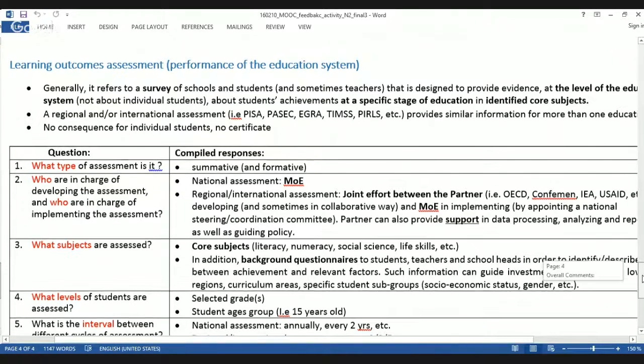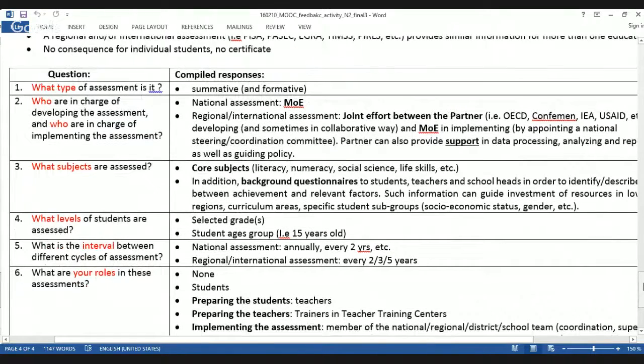The type is more summative, even though sometimes it is formative. For example, in the SACMEQ study, we know that at the end of this knowledge test, some responses are provided. Who is in charge of developing the assessment depends on the level. If it is a national assessment, it is the Ministry of Education.